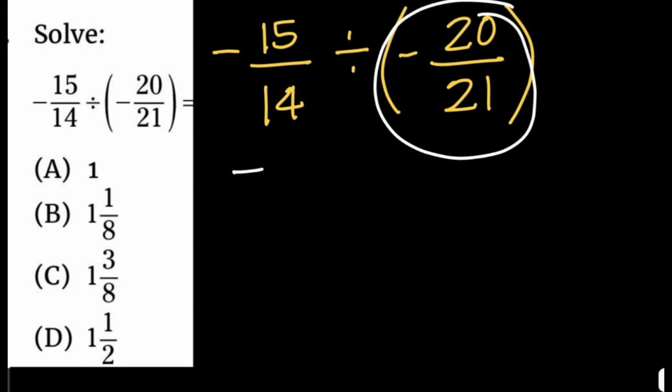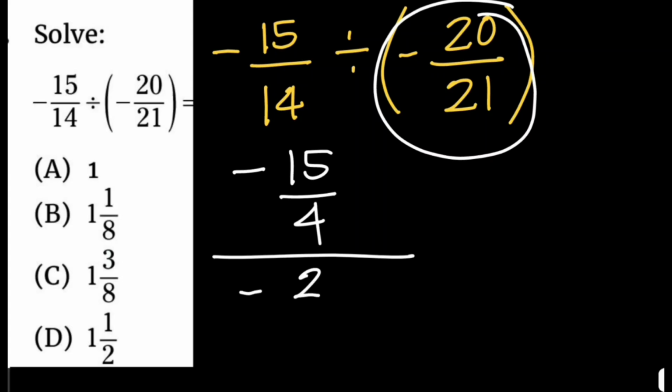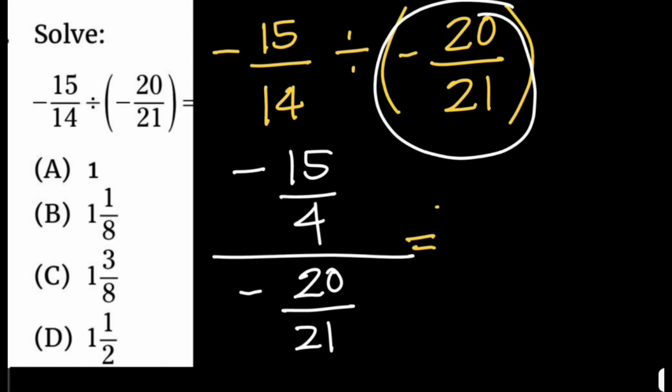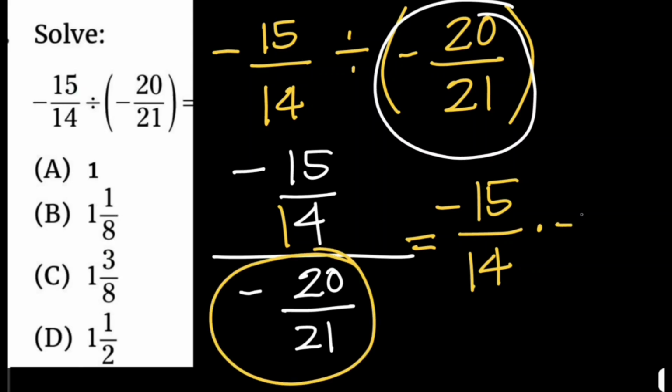So this would become negative 15 over 14 times, you flip this one, negative 21 over 20.